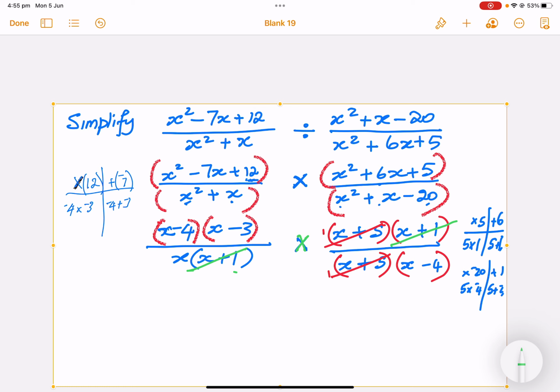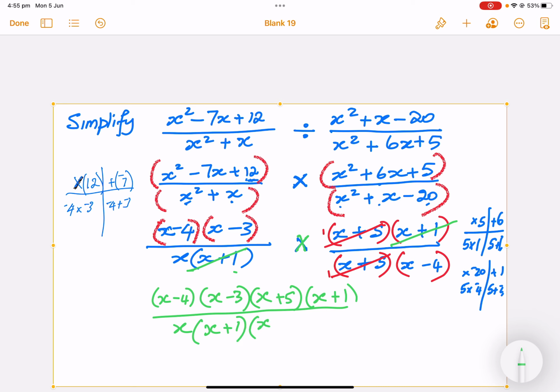What I'm saying there is it could be written like this. See? And we could cancel those, we could cancel those, what we've done.